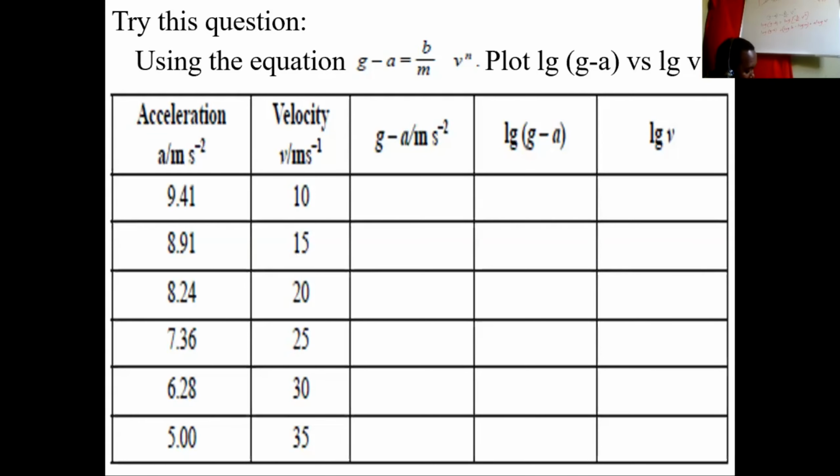So therefore we note that the log G minus A would be your Y, so that's going on your Y. Then log V will be going on your X. So therefore your gradient is N. And therefore this here represents your y-intercept.